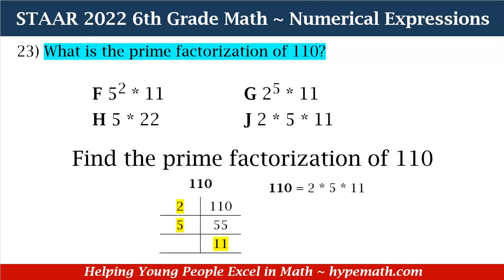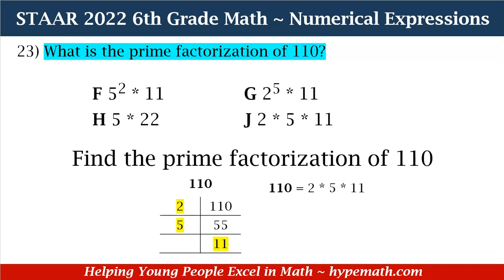For the prime factorization of 110, 2 can go into 110 55 times. Now we're looking at 55. The two numbers that can go into 55 are 5 times 11. Those are both prime factors, so that is it for 110.